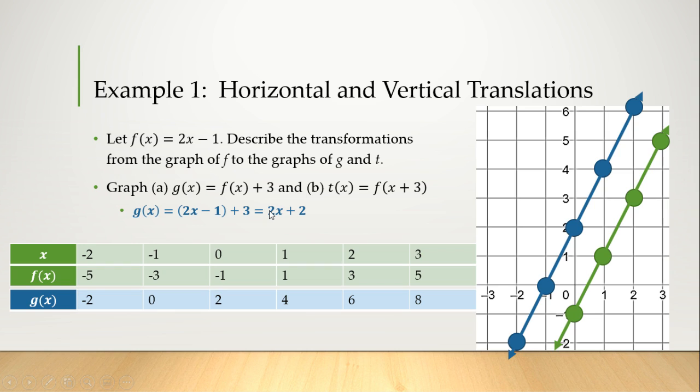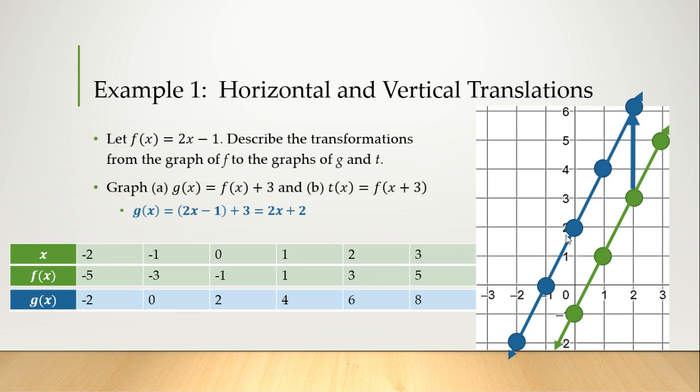Now we want to focus in on how this changed the green graph. So notice this. Every single blue dot is exactly 3 higher than all of the green dots.